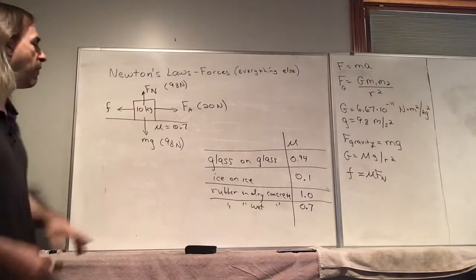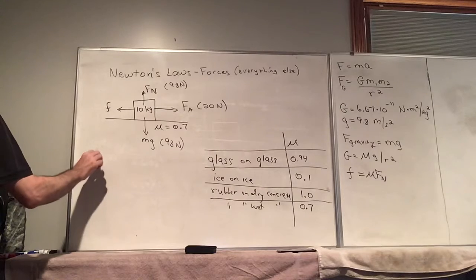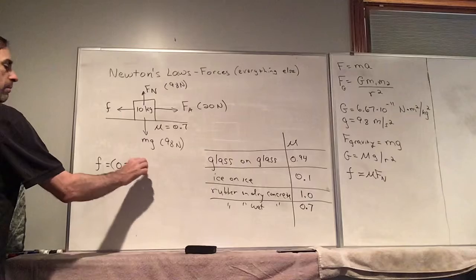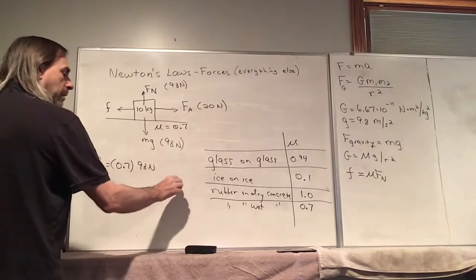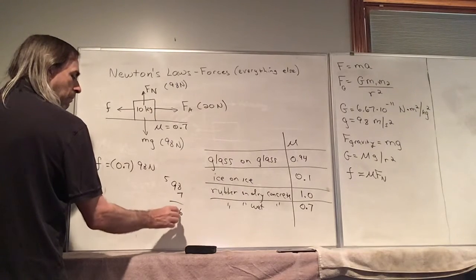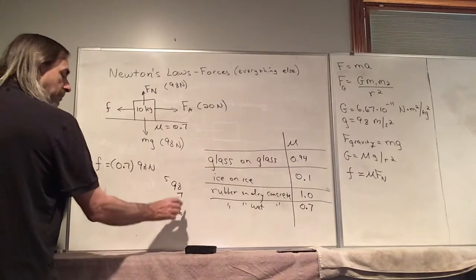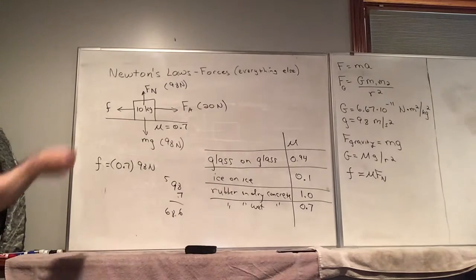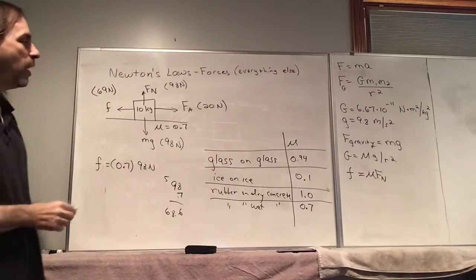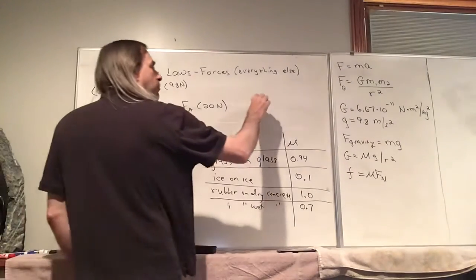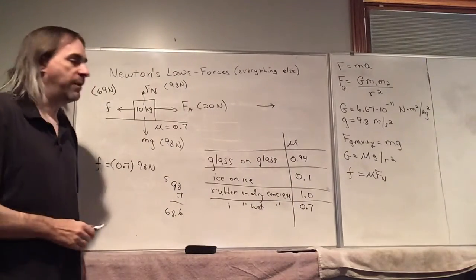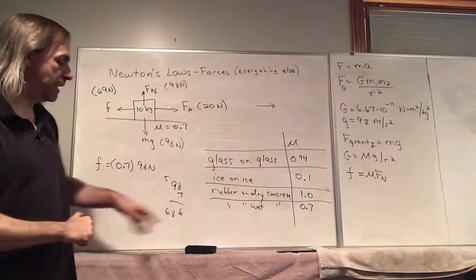But now that we know the normal force, let's calculate the frictional force. So we'd have 0.7 times 98 newtons. So let's do that. 98 times 0.7. So I'm getting around 69 newtons for friction. So what this is telling us, let's call this the x direction. What this equation is telling us, if we just kind of blindly follow it, let's say we have an object here.